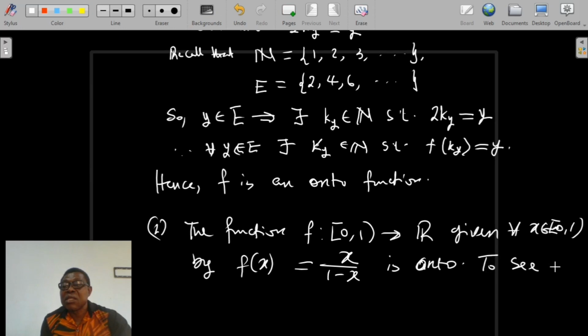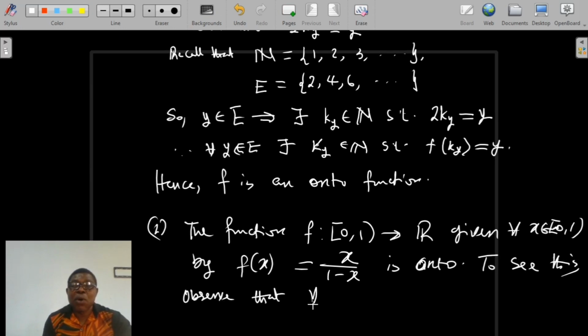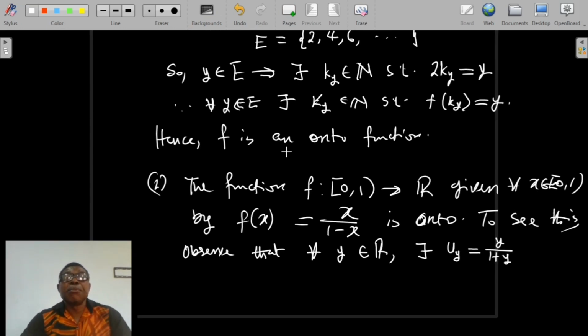To see this, observe that for any y in R, there exists, say, u sub y equals, so I can say, now I see, I have to really convey the message I'm looking for. I have to reduce the range space so that what I'm talking about will make sense.